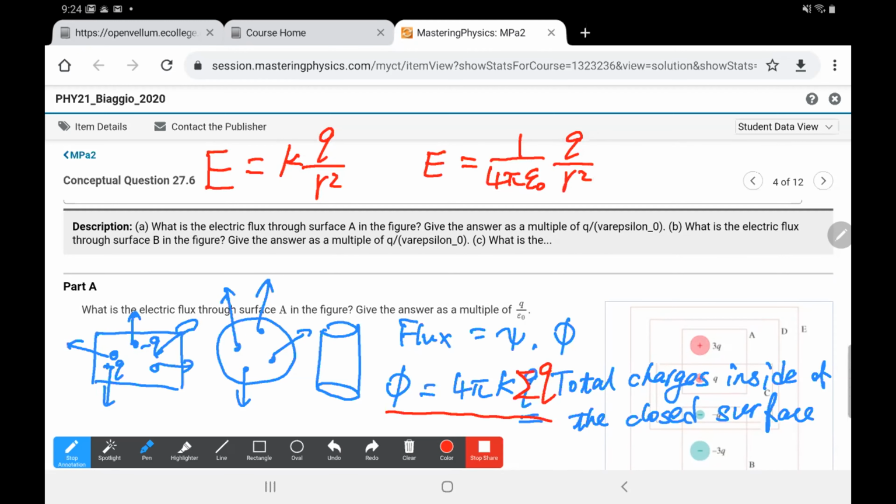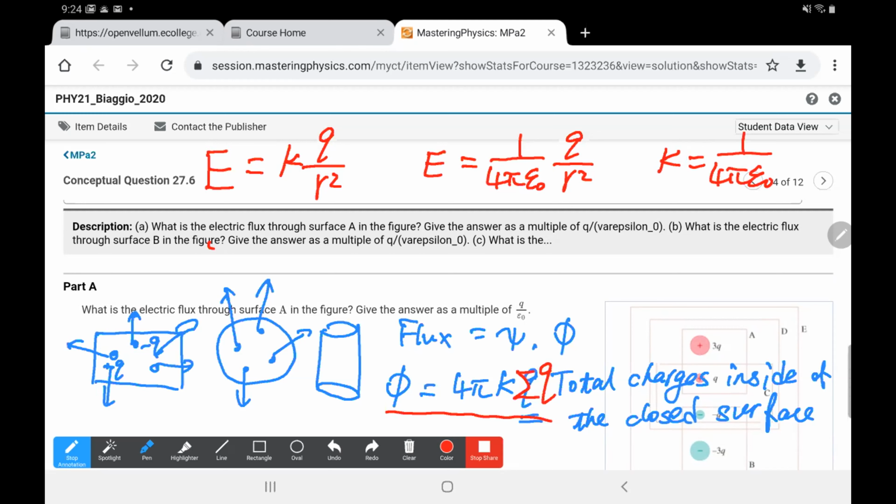These two equations are the same, just because different people use different notation, and we have the relation k equals 1 over 4 pi epsilon naught. So some people want to use epsilon naught to write the Gaussian law.